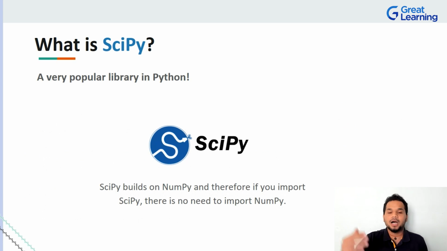Now, after you've understood this about SciPy, here's a very interesting fact you may or may not know about the library. SciPy is basically built on top of NumPy, and therefore, whenever you have a situation where you have to use SciPy and NumPy as well, if you just import SciPy, you're good enough. You can work with all the functionality that NumPy brings to the table, right? In the data visualization scene, you know that Seaborn is built on top of Matplotlib, right?